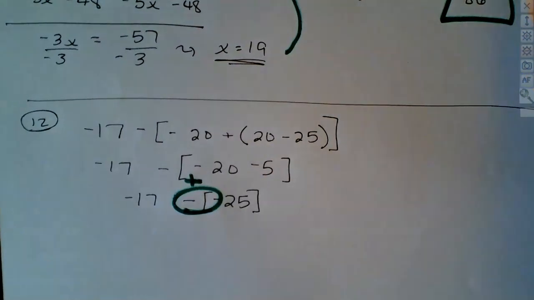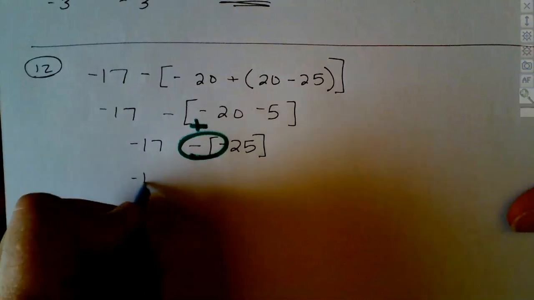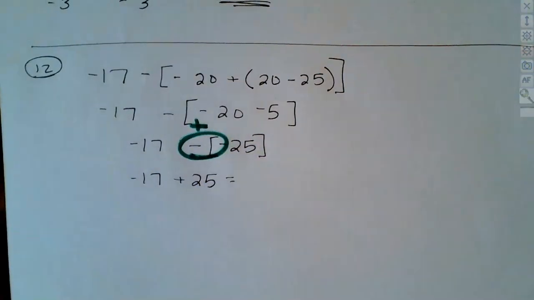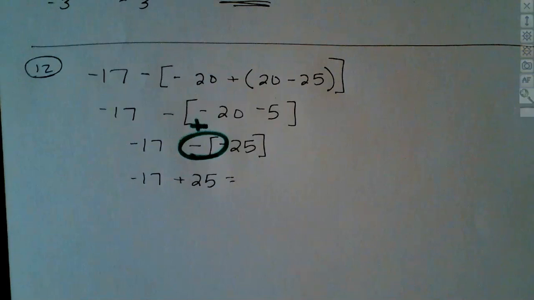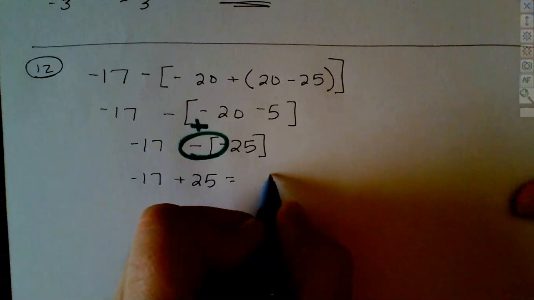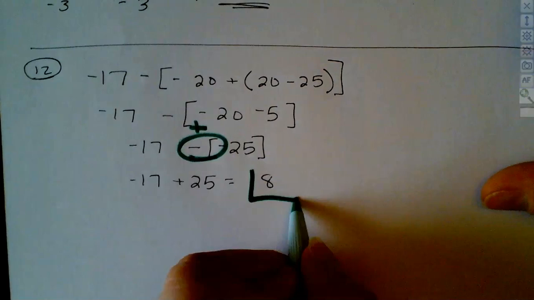That is going to make that now a positive. And minus 17 plus 25. Well, that now leaves me with a positive 8. And that's what we want for our answer. So what is our answer here? It's not x equals, it's just the number 8.